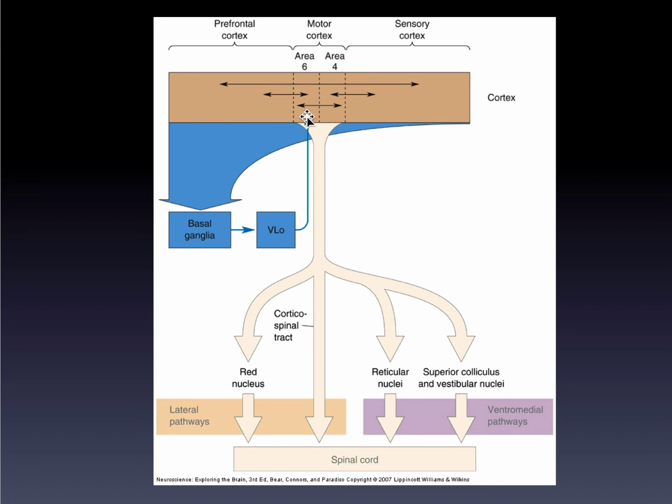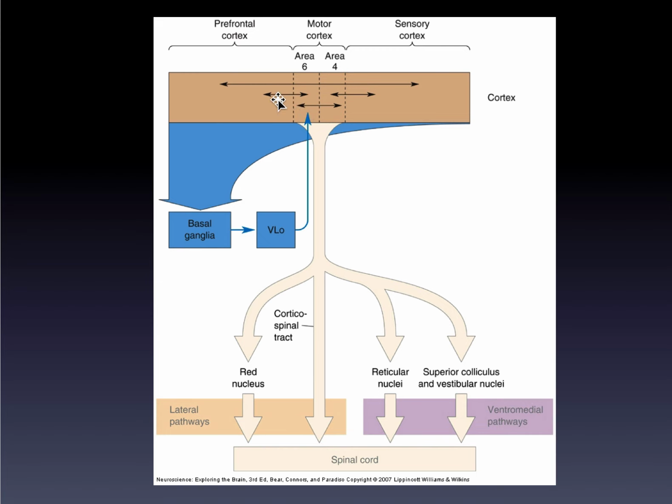Okay, so the idea is that there's a feedback between the basal ganglia. The basal ganglia kind of get a sense of what sort of motor plans or behavioral plans even are being formed by the cortex. And then depending on how this information flows through, and we'll look at those different ways in a second, we can select from among motor plans that are forming in area 6 and decide when they initiate.